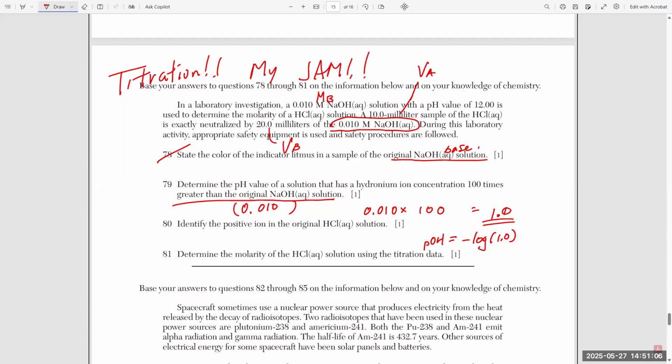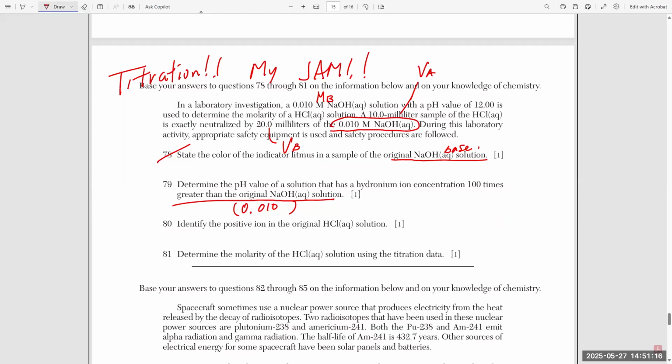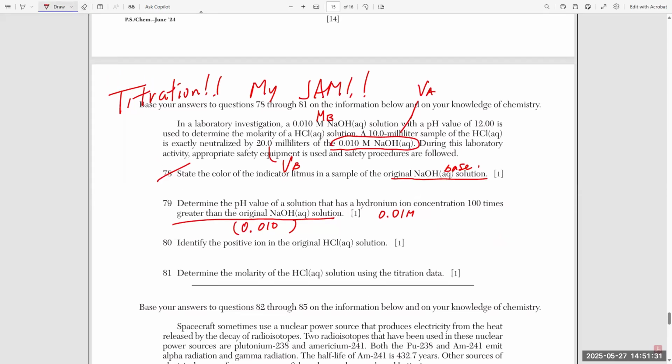This one's a little bit more involved than what we thought. So essentially, in the end, it's not wrong what I did, but be careful. It's 0.01 molar times 100, and then the other thing is we can't do this because why? It's 100 times more greater. pH is greater. Okay, so all we have to do is take a pOH of this.